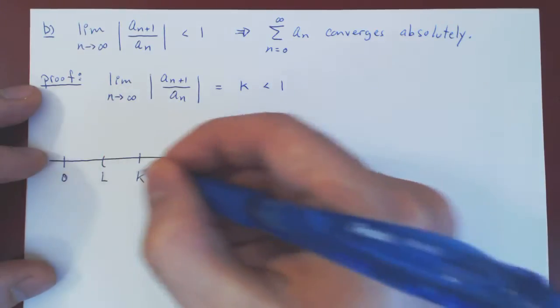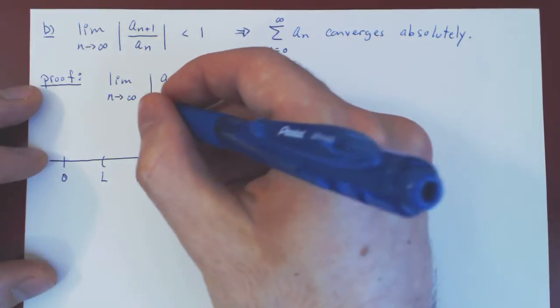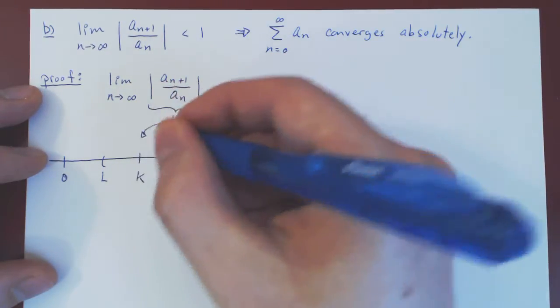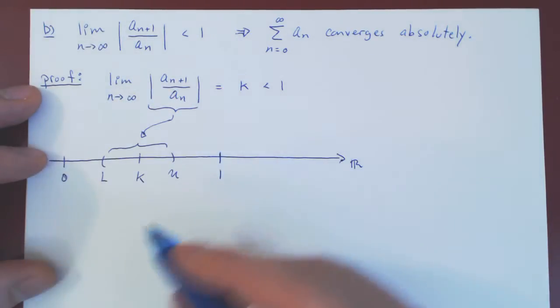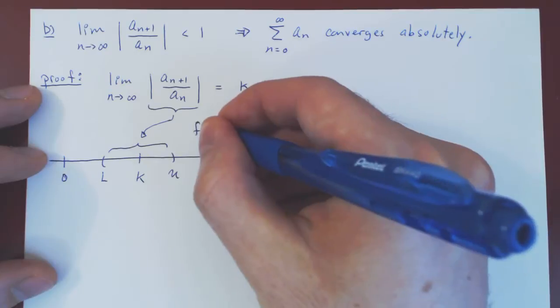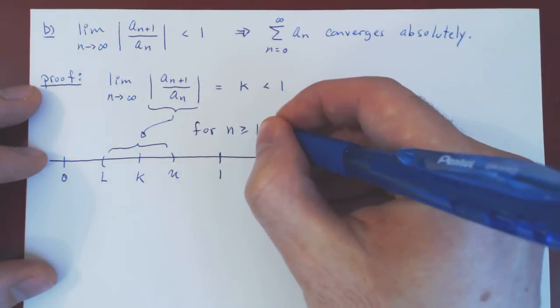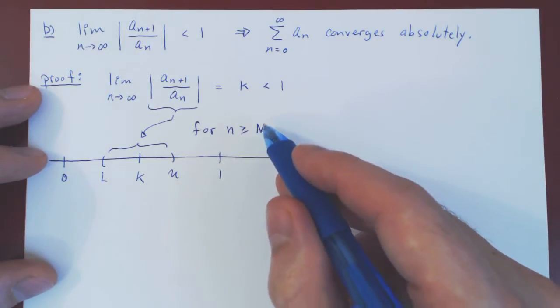Let me call this L and U, L for lower bound, U for upper bound, and again, these terms will lie inside this interval, as long as n is large enough. How large we don't know. The best we can say is if n is larger than some fixed positive integer, calling it uppercase N.